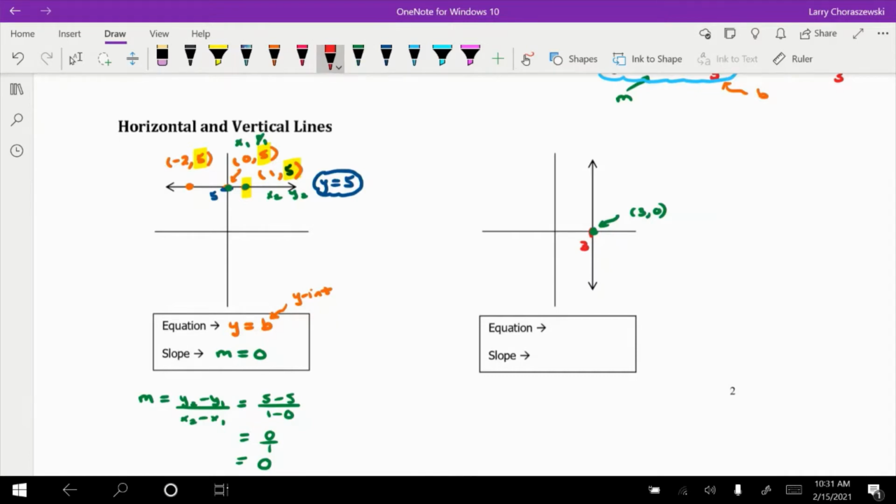And if I wanted to take another point on this line, let's say a point that's a little bit higher than this, let's assume that the y-coordinate of that point is 1. Could anybody tell me what the x-coordinate of that point would be? 3. Yep.